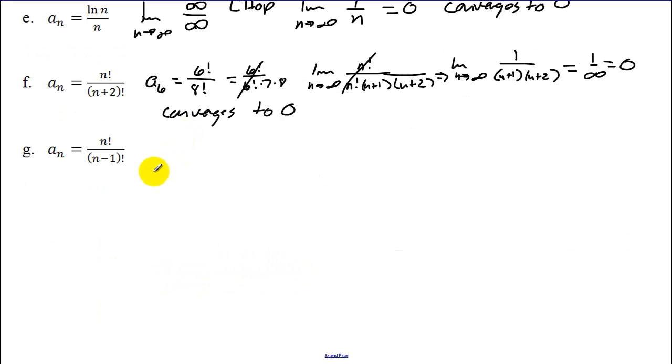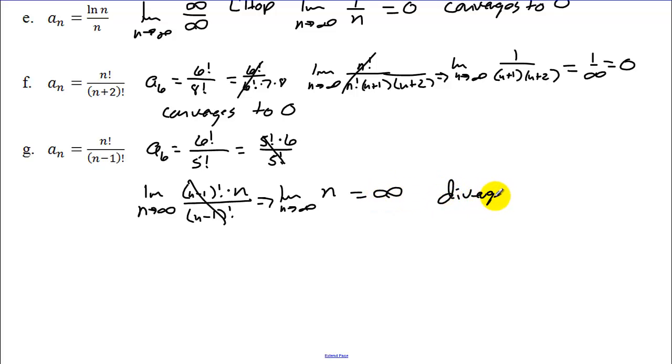In letter G, let's look at another value for n. Let's say 6. This one would be 6 factorial over 5 factorial. You could write this as 5 factorial times 6 over 5 factorial. Those would cancel out and you'd have 6. Let's look at this with n. We'd have limit as n approaches infinity.